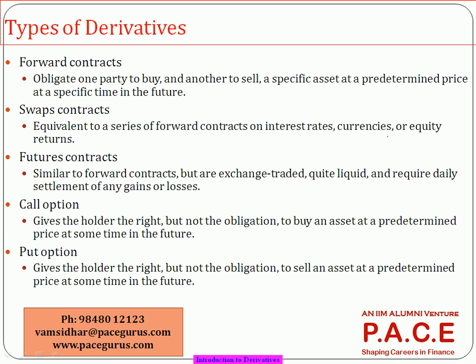As an agreement between both the parties, no exchange, nothing. It's an agreement. I'll buy something from you, I'll sell something to you at a future date. Date is also decided, price is also decided. Those kind of contracts, we call them as forward contracts.